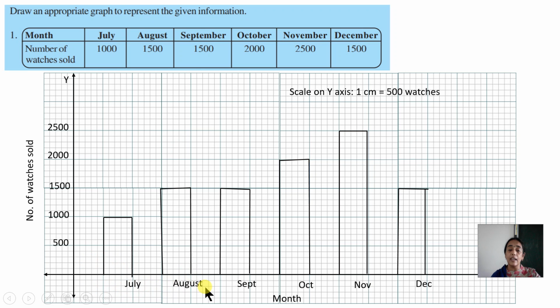Then again 1 and 2, and I wrote September, then October, November and December in the same way. So leave a uniform number of squares, the second square for each month. Is it clear? Because the width between the bars should be the same.